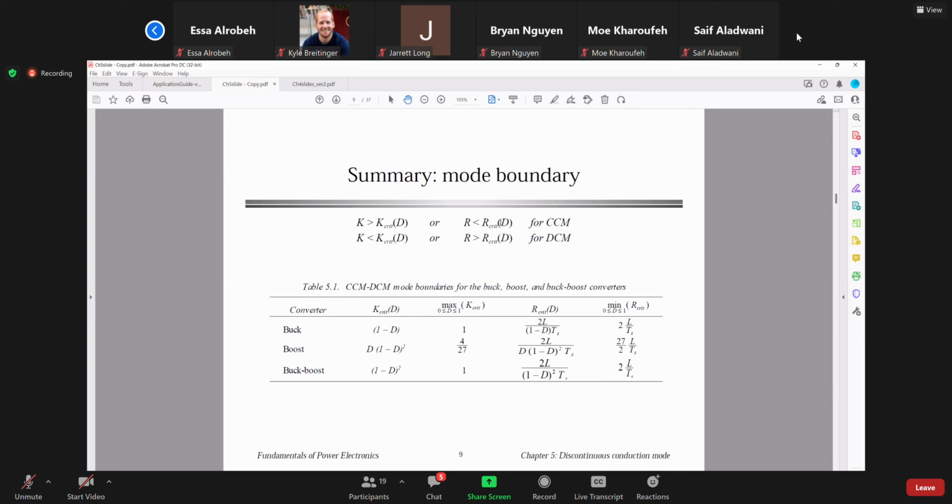The condition is that when the average current in the inductor is greater than the ripple current, you are in CCM. Then relate the current with the input-output characteristics and delta I the same way, and you can find the critical value for the buck, D prime. This is for the boost, and this is for the buck-boost. Any questions?